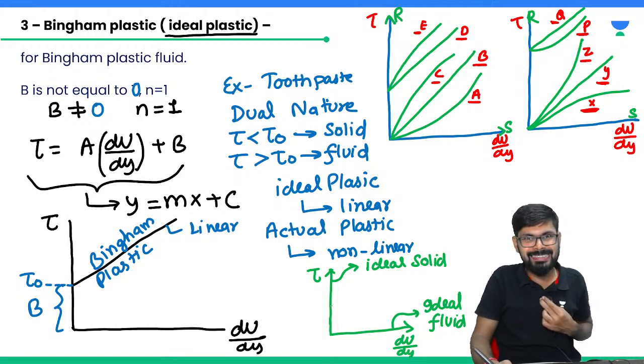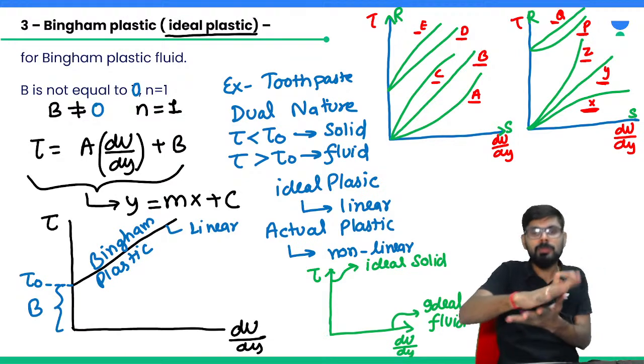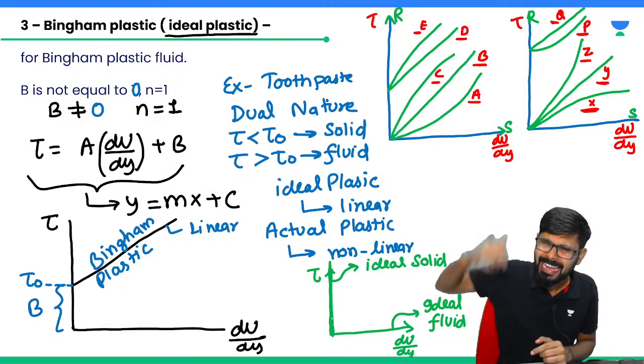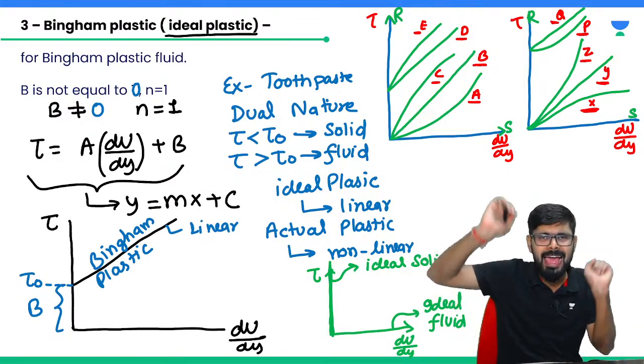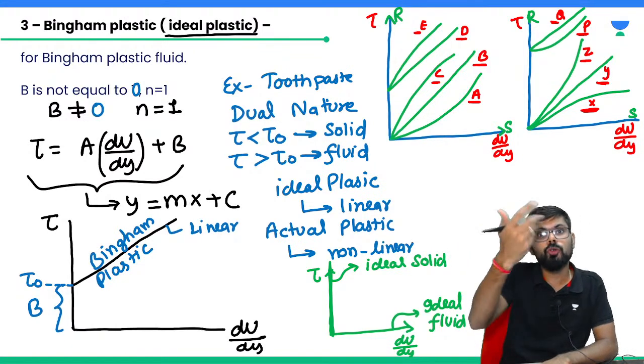Now come to the y-axis. Even though you are applying any tau value, 100, 200, 1000, 3000, 1 lakh, 20 lakh, 10 crore, then also du by dy is 0.